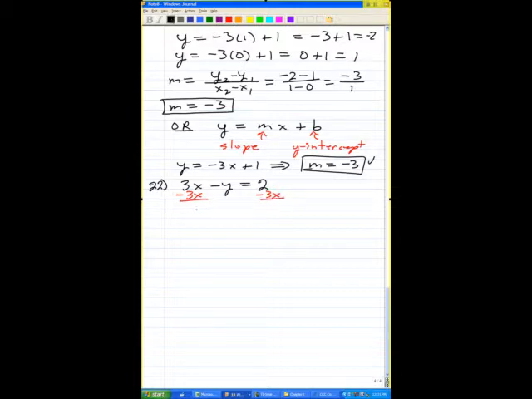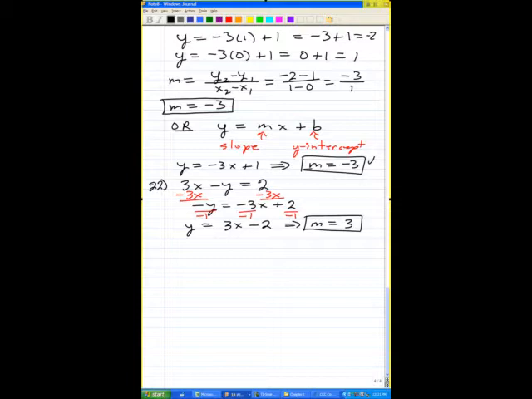So negative y equals negative 3x plus 2. Let me divide both sides of my equation by negative 1. And so I get y equals 3x minus 2. Therefore, the slope is 3. And we are done.